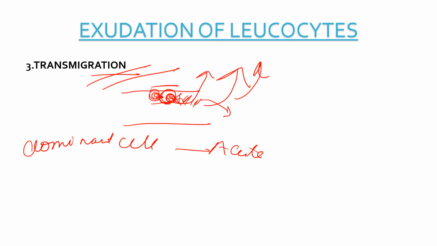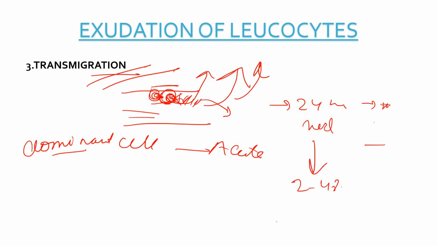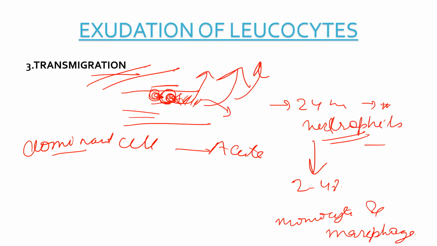So in this you can see the dominance of the neutrophils, and as it is the dominant cell, in the first 24 hours neutrophils will act, and in the next 24 to 48 hours monocytes and macrophages, as neutrophils survive for a short duration, and monocytes and macrophages are of longer duration.